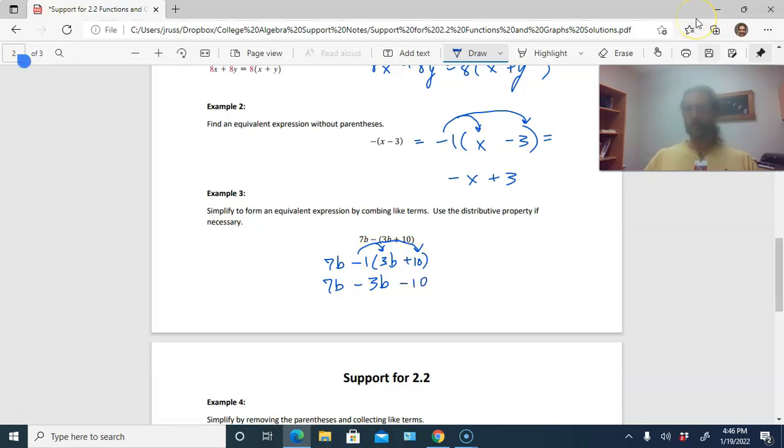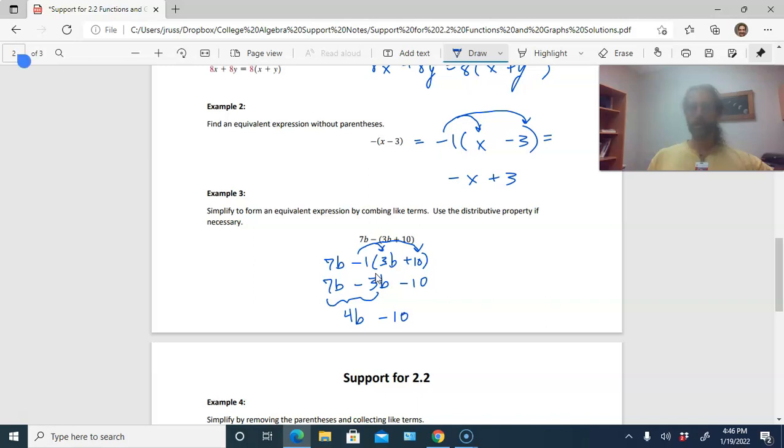Okay. Now that those parentheses are gone, since we utilized the distributive property, now we can actually combine our like terms if we have any. Well, in this case, guys, we do. And they're actually side by side. We've got 7b minus 3b, which would become 4b. And then we've got the constant minus 10.